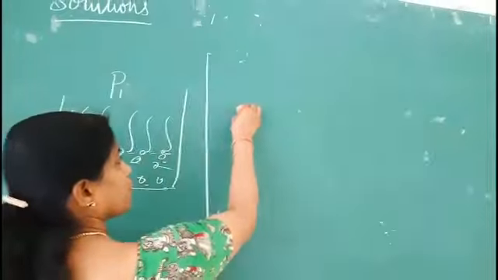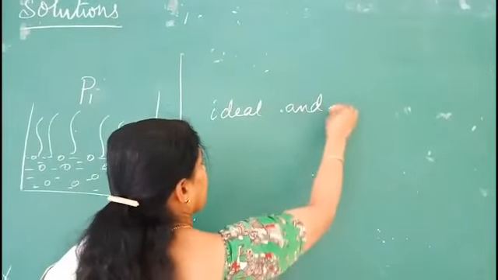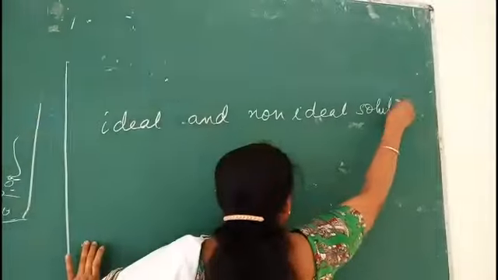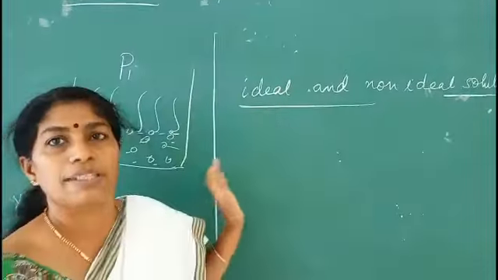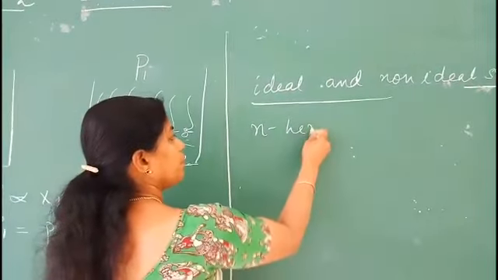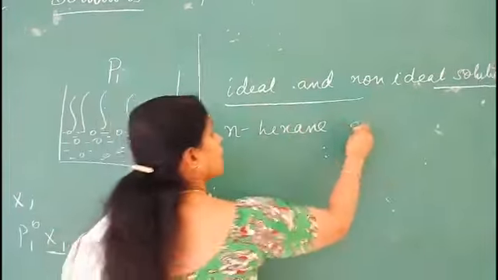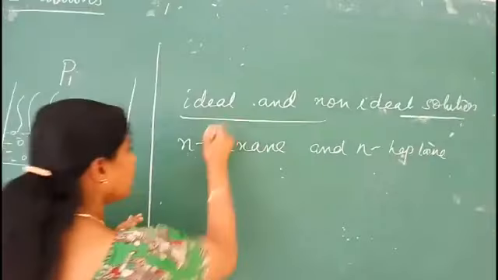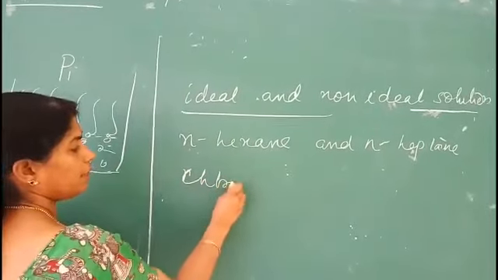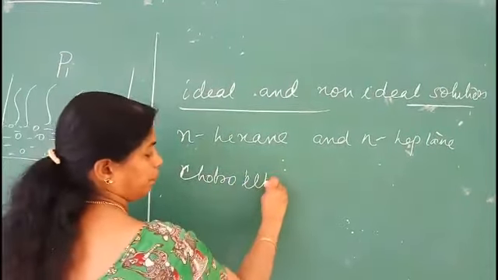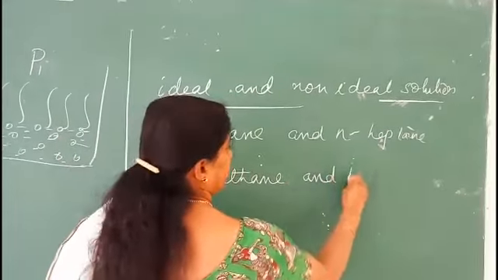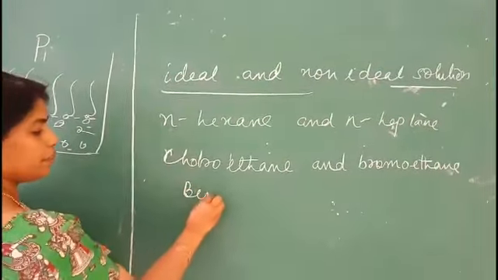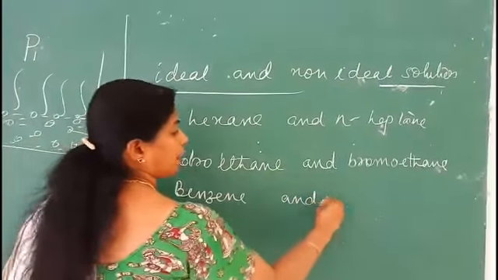Then examples for ideal solutions: n-hexane (normal hexane) and normal heptane, chloroethane and bromoethane, benzene and toluene.